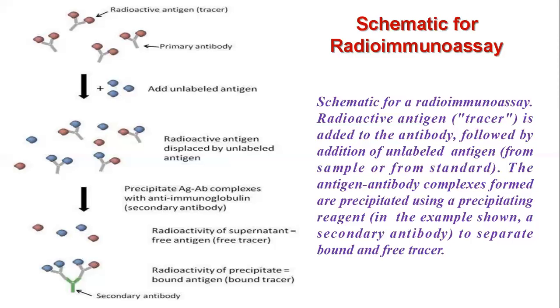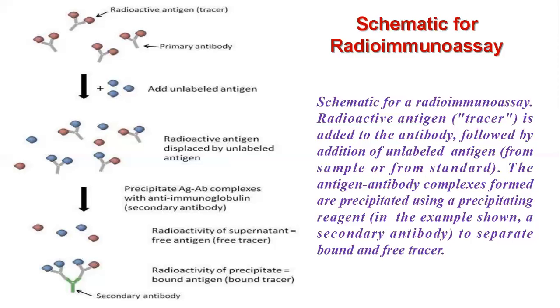We have to detect the radioactivity of the supernatant, that is the free radiolabeled antigen or free tracer, not the pellet. Here the unlabeled antigen will bind with the antibody and will replace the labeled antigen.